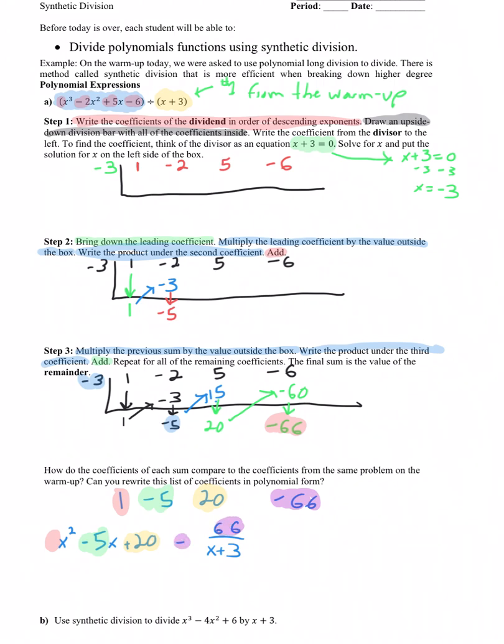So this synthetic division, what it's doing is it's letting us solve the problem without using any of those variables, without having to keep track of x squareds, x cubes, x's, anything like that. But then we can rewrite the answer at the very end.